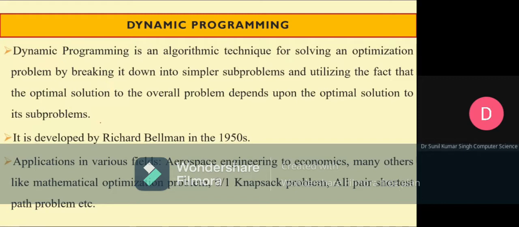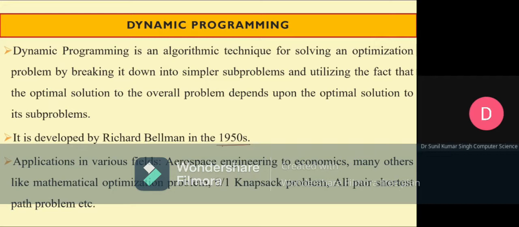So that means, when we split the problem into several sub problems, and after finding the optimal solution of sub problems, we will be able to find the optimal solution of the problem with the help of the solutions of the sub problems. It was developed by Richard Bellman in 1950.